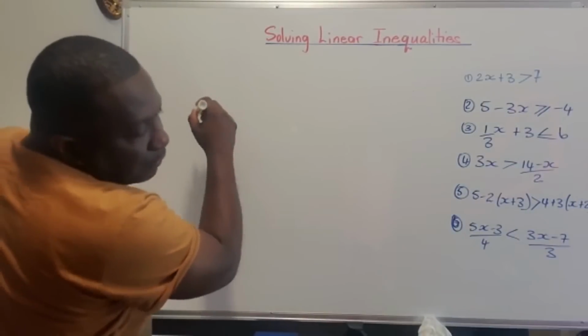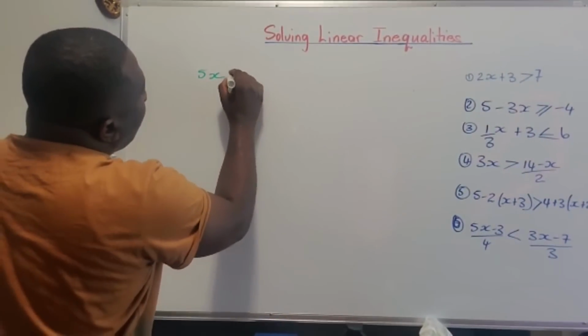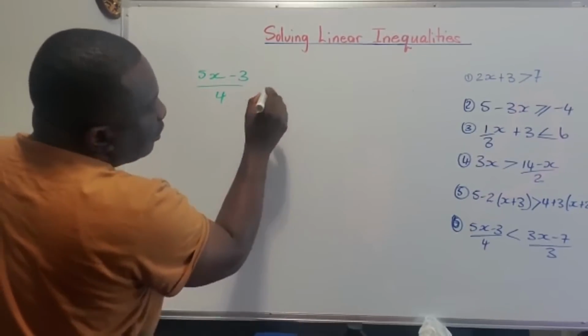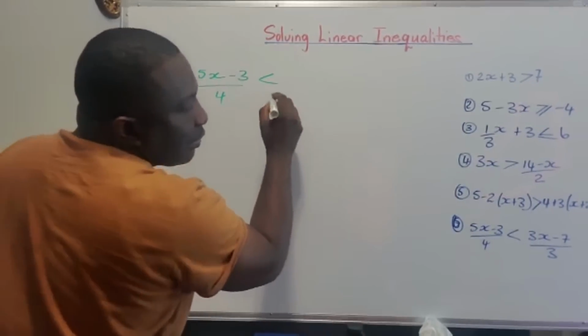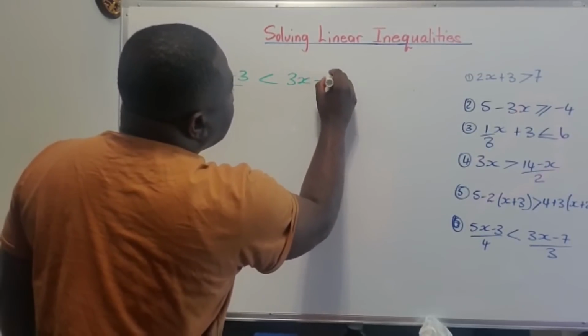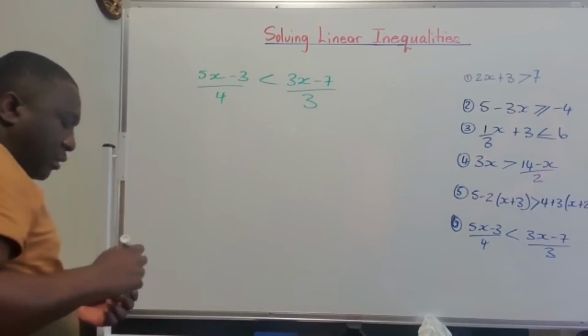Next problem, and the final problem, is (5x minus 3) all over 4 is less than (3x minus 7) all over 3.